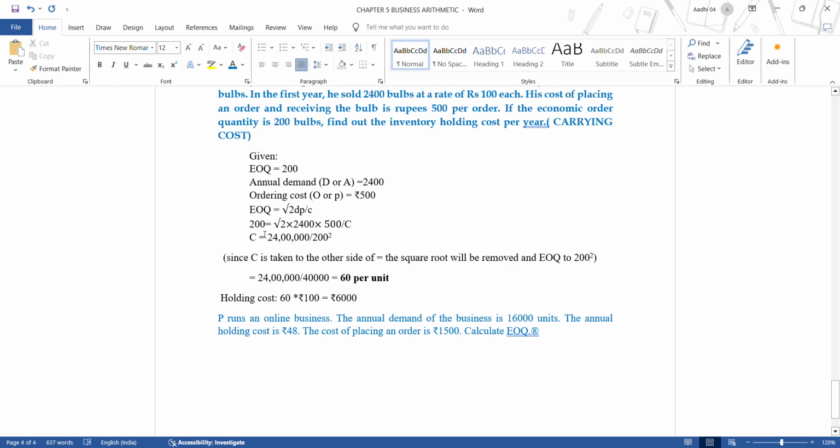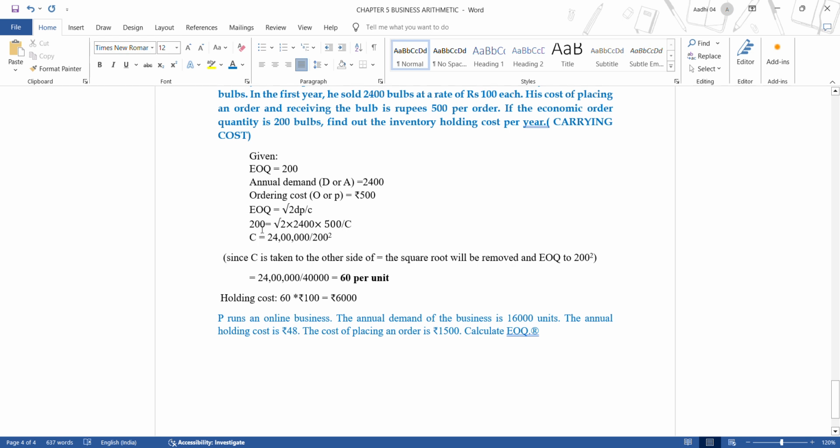To find carrying cost, all you have to do is take the carrying cost to the other side of equals, and you have to bring EOQ to the other side of equals. Means EOQ will be coming as the denominator of this particular formula, and C will be going to the other side of the equals.